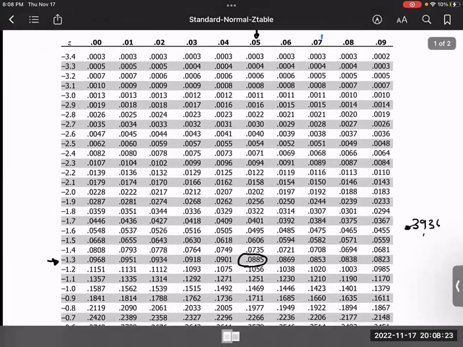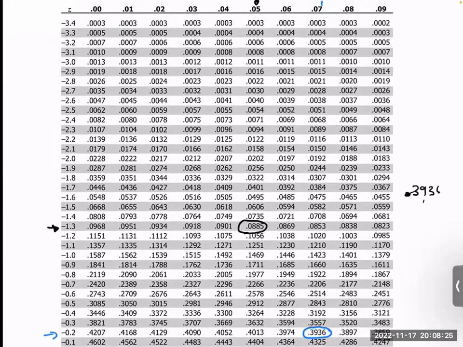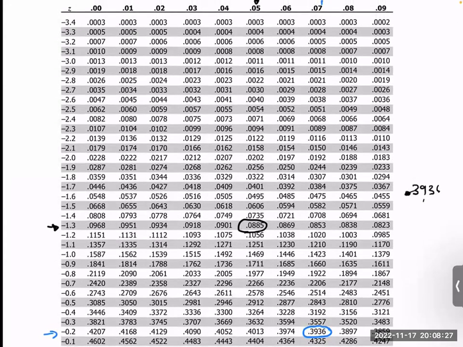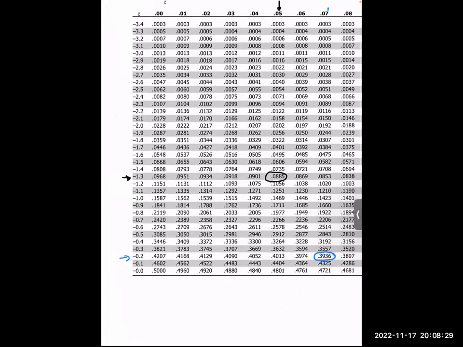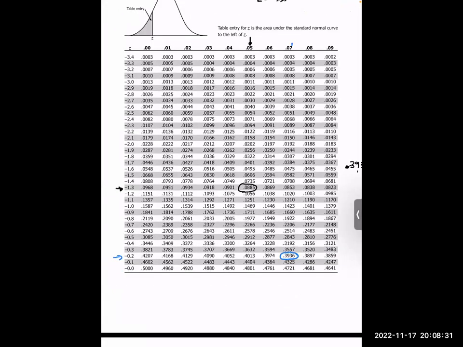Okay. So I'll rotate it so you can kind of see it. If you look at the number that I circled in blue, it was the 0.3936. But if you start with the Z values and go down that first column, it's negative 0.2. And then you'll see that that row will intersect with 0.07.